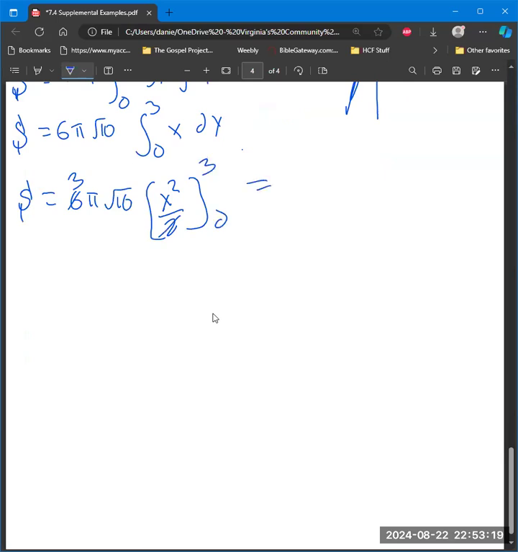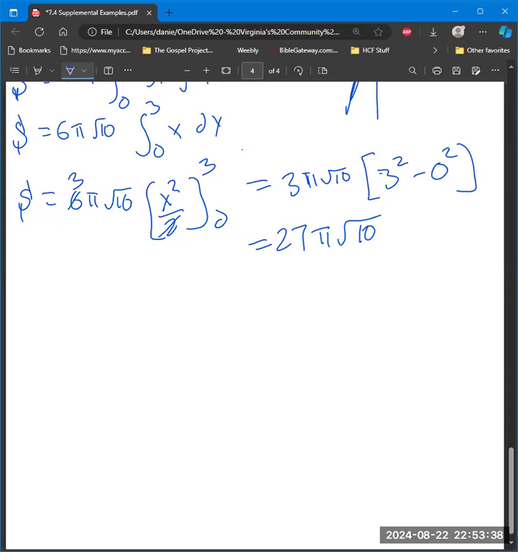So I have 3 pi root 10 from 3 squared minus 0 squared. So 9 times 3 is 27 pi root 10 exactly.